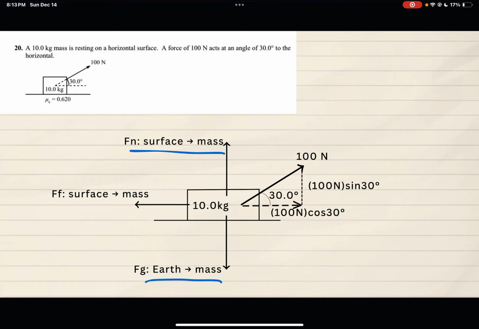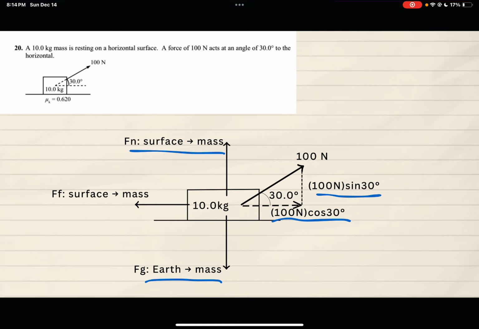In addition, we have a force of 100 Newton at an angle of 30.0 degrees to the horizontal. We draw a right triangle. By using trigonometry, the vertical component of the force is 100 Newton times sine 30 degrees, and the horizontal component of the force is 100 Newton times cosine 30 degrees.